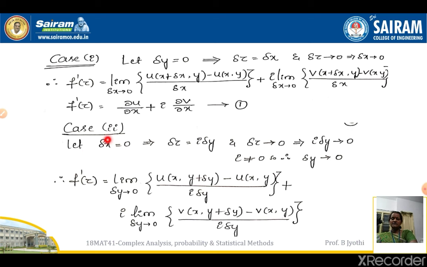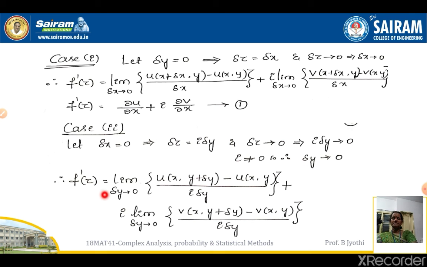Next, let's take the second case, that is delta x is equal to 0. There you will get delta z equal to i delta y, and delta z tending to 0 implies i delta y tends to 0. Since i cannot be 0, delta y tends to 0.